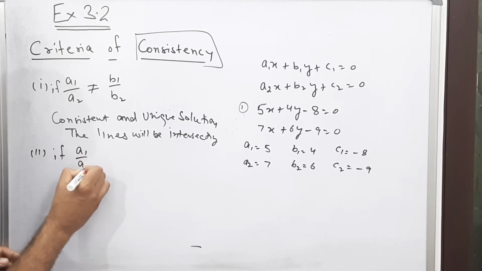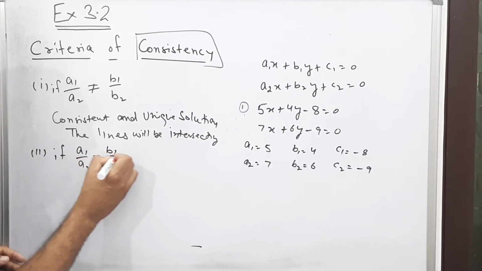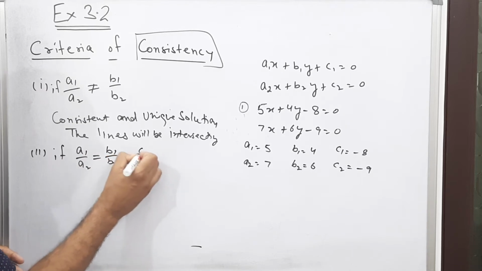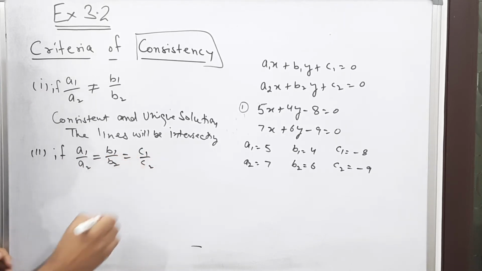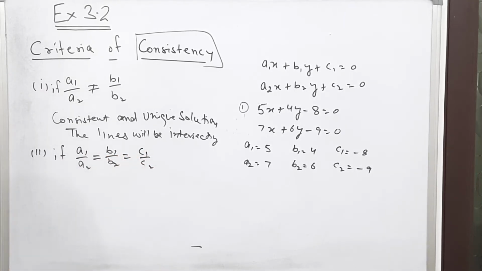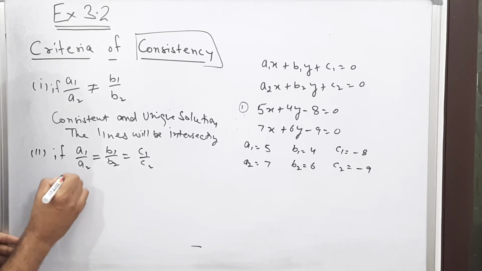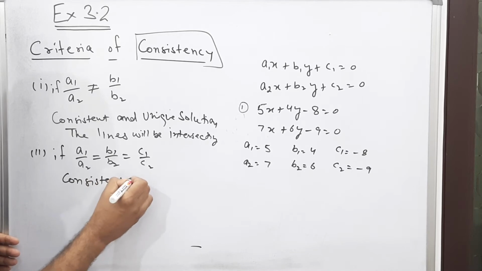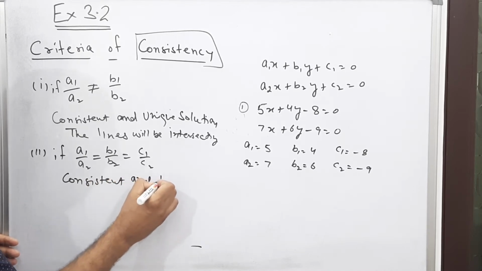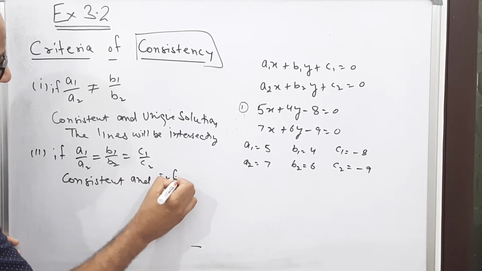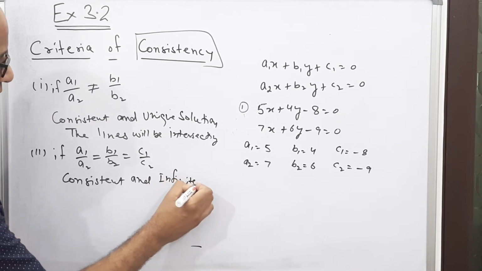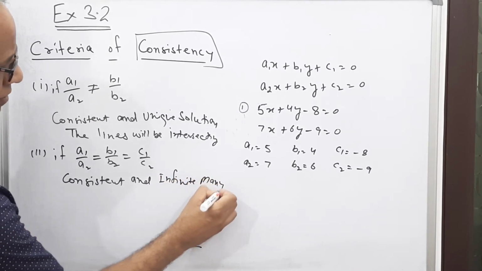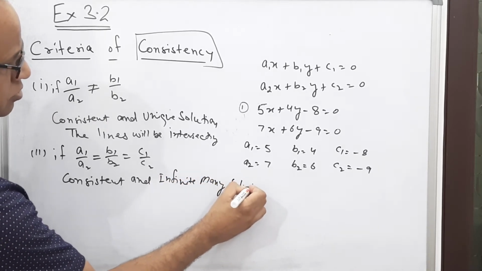The second criteria is if, after writing a1, a2, b1, b2 and so on, we find that a1 upon a2 is equal to b1 upon b2 equal to c1 upon c2. If this happens, then also we say that it is consistent and has infinitely many solutions.